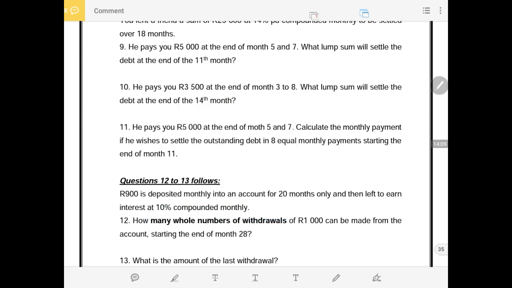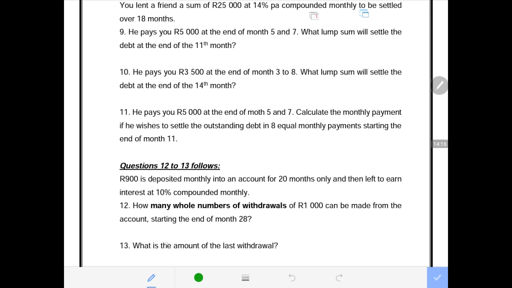So now that we know that 22 full withdrawals of 1000 will be made, we also need to know what is the amount of the last withdrawal. In other words, we need to calculate the future value of the balance we had from month number 27 and the future value of the withdrawals, so that we strike the difference and see how much will be the last amount.